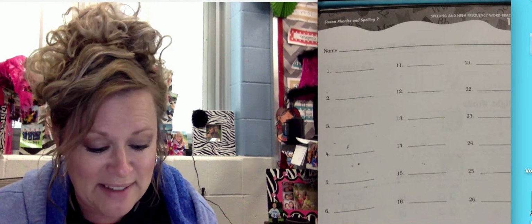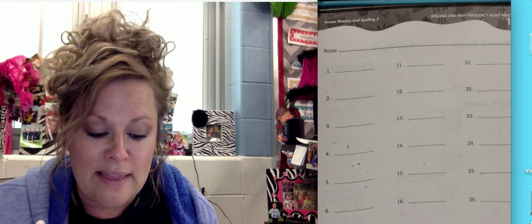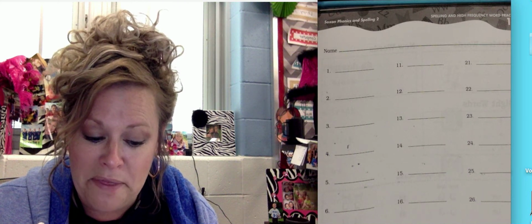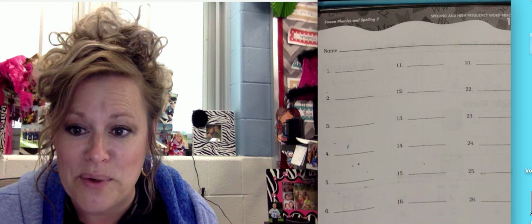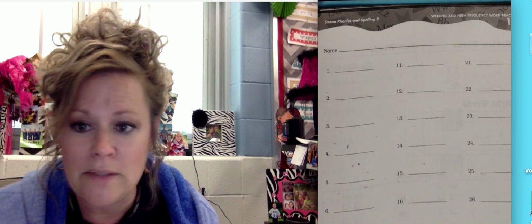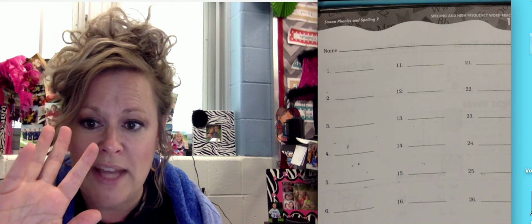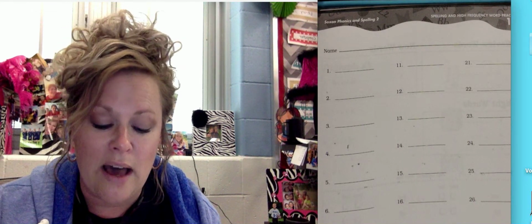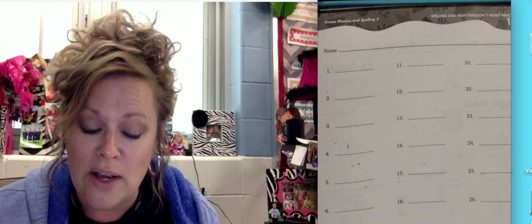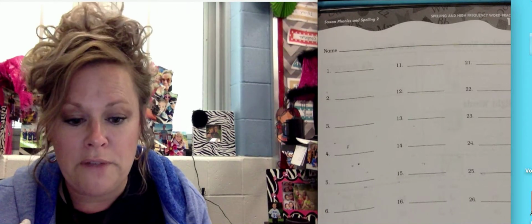Very good. What are our vowels? Say them out loud. There's 5 of them. A, E, I, O, U. And all the other letters are consonants. So that's some good review.